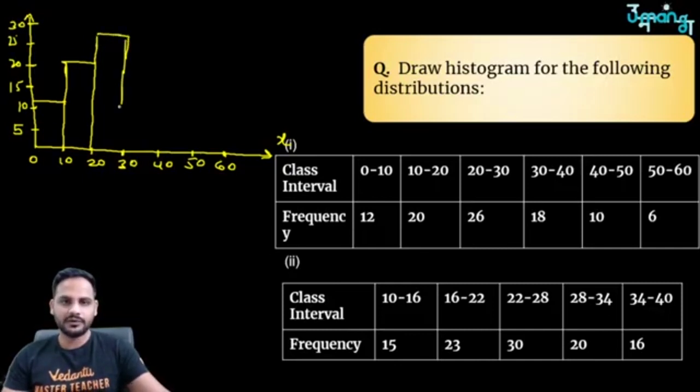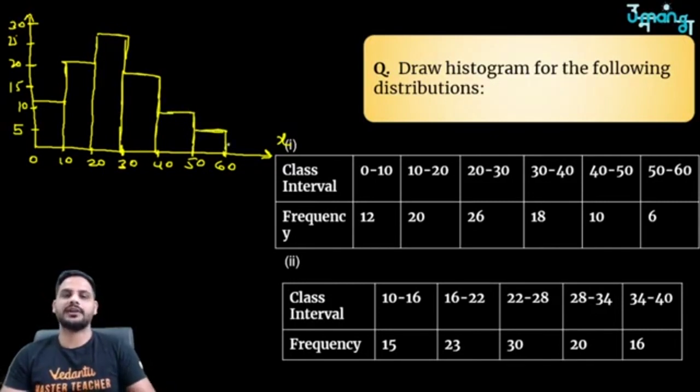This is how your 20 to 30 will look. 30 to 40 is 18. 18 means just less than 20, somewhere over here. This will be your 30 to 40 is 18. 40 to 50 is 10. 40 to 50 will be 10 over here. 50 to 60 is 6. So 6 will be somewhere over here. So this is how the histogram is going to look.